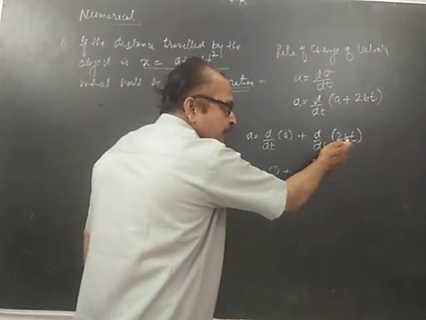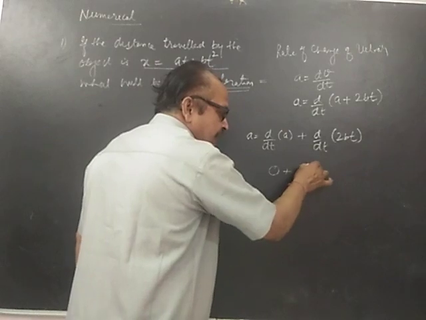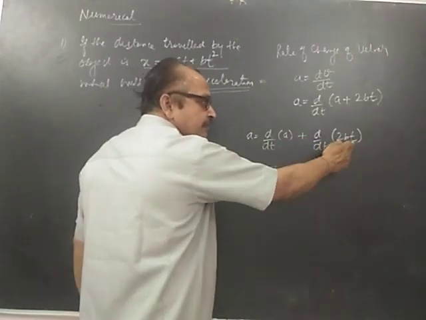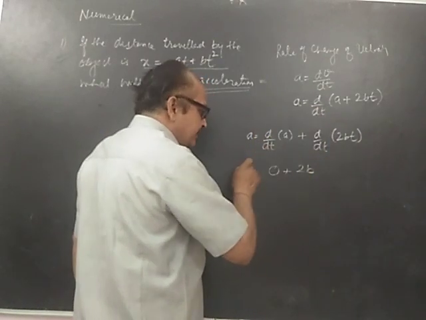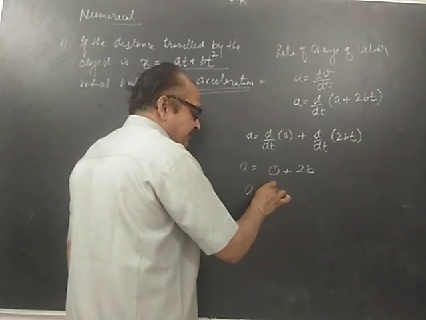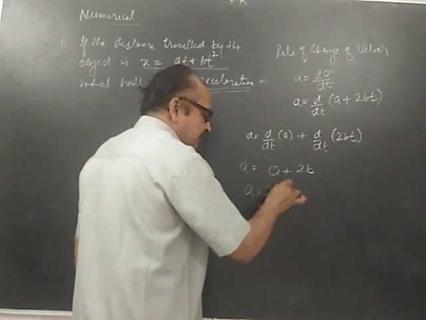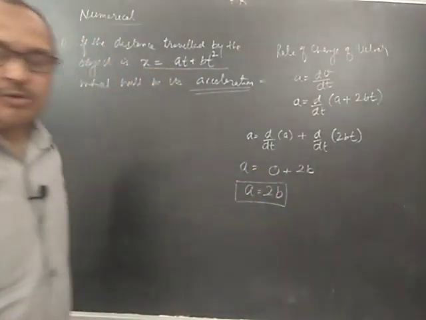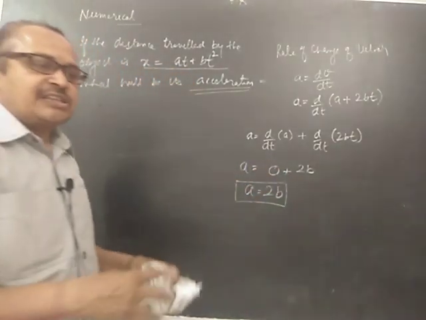And here 2b is constant, so it will come out. And what is the derivative of t? It is 1. So what is the value of acceleration? 2b. Any doubt?